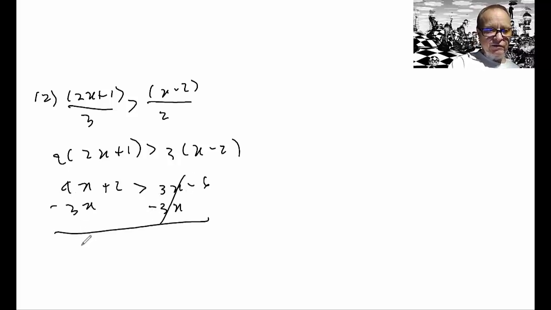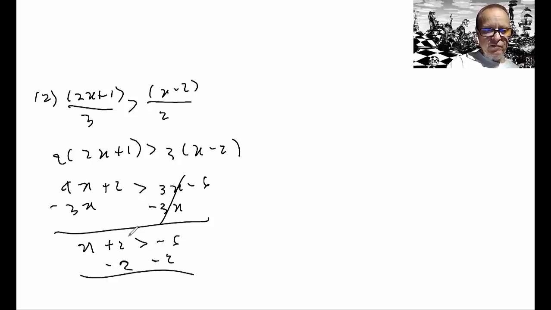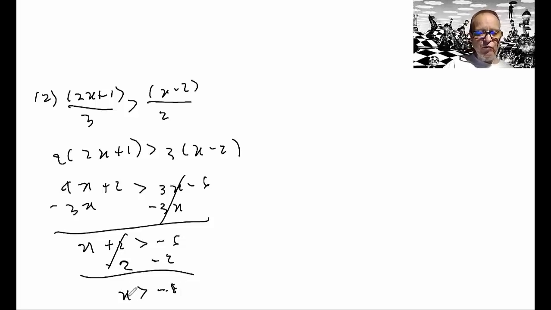So I get x plus 2 is greater than negative 6, minus 2 on both sides, and I get x is greater than negative 8. So here I was very, very careful where I didn't have to worry about changing the direction of an inequality because I kept everything positive.